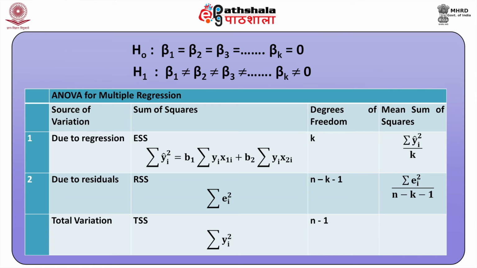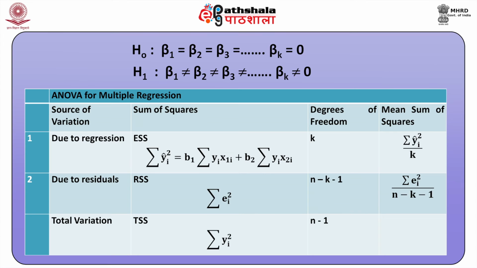To test the above hypothesis, an ANOVA table needs to be constructed to evaluate an F statistic. ANOVA for multiple regression. Columns: source of variation, sum of squares, degrees of freedom, mean sum of squares. 1. Due to regression, ESS, sigma yi cap square, is equal to b1 sigma yi x1i plus b2 sigma yi x2i.